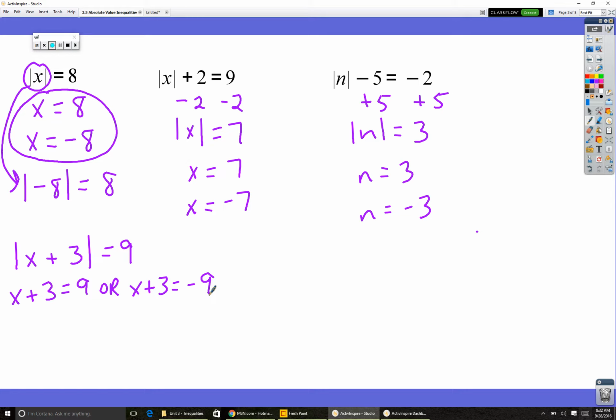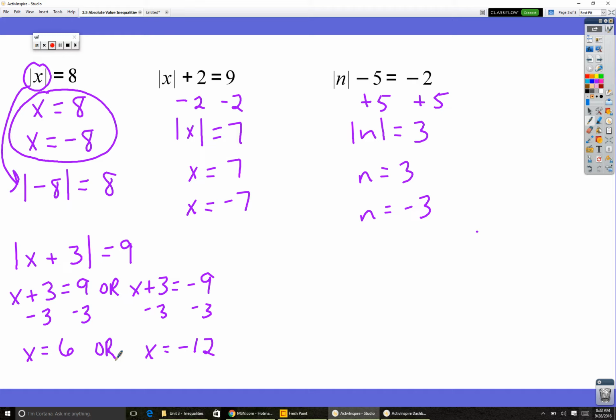So then we have two equations to solve. We have the x plus 3 equals 9, so I'm going to solve that one first. So x could equal 6, or over here subtracting 3 from both sides gives me x equals negative 12. So x can be one of two values to make that equation true.